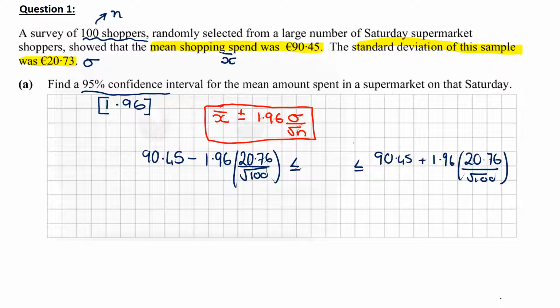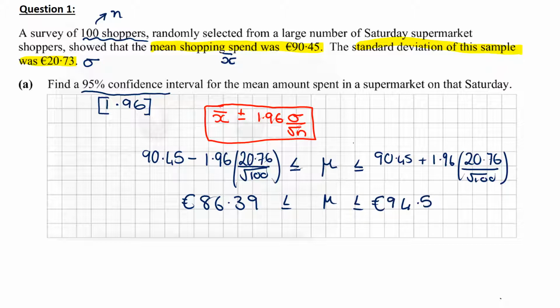So the actual mean sits somewhere in there, and that's mu, the mean of the population. This is the difference between mu and x bar. So mu sits somewhere in there. Working that out, this works out here at 86.39, and mu sits somewhere in between there and 94.51.